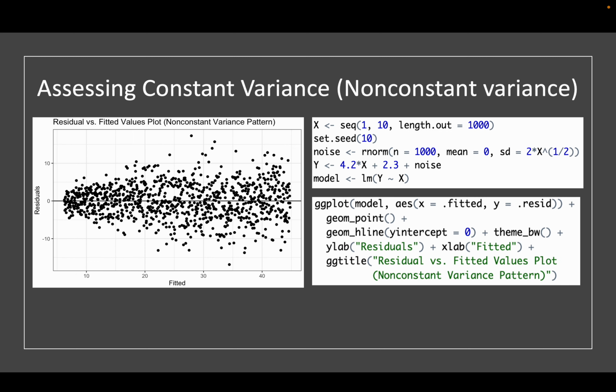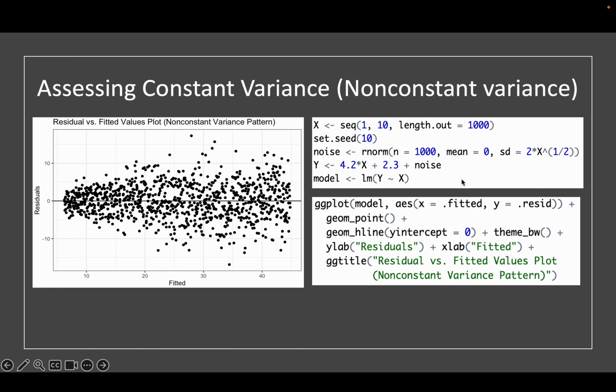So in this plot, we show a deviation from the constant variance condition as the points show a fanning out trend. So the fanning out trend essentially means that there is less variability for lower values of the fitted. And as we go across the x-axis with increasing values of the fitted, there is increased variability in the points.